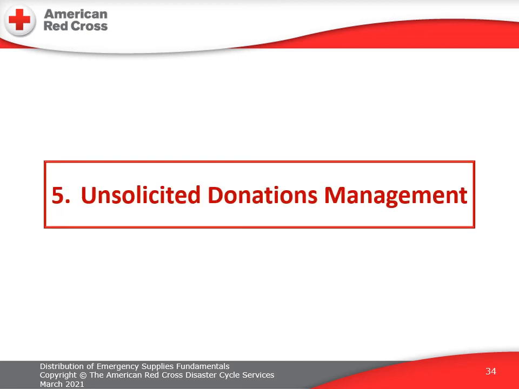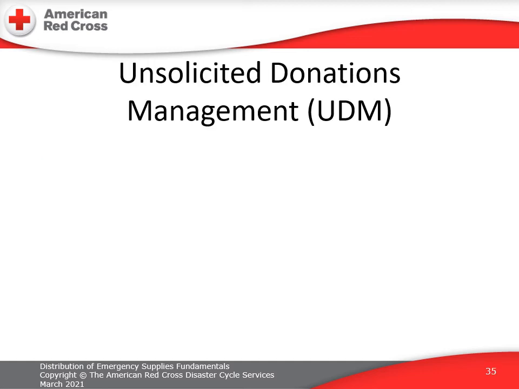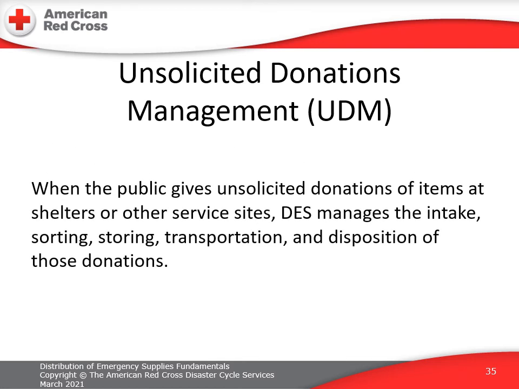Finally, the last topic we'll learn about in this course is unsolicited donations management. When the public gives unsolicited donations of items at shelters or other service sites, DES manages the intake, sorting, storing, transportation, and disposition of these donations. The American Red Cross does not ask the public to donate items such as clothes, bedding, toys, or household items during disasters.